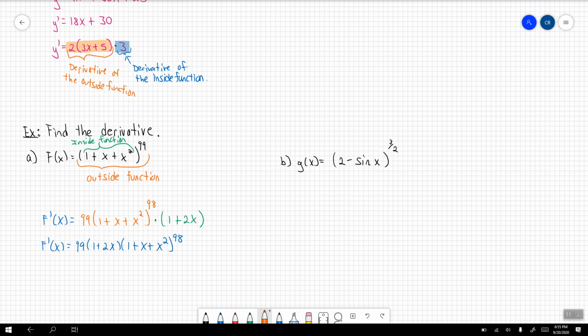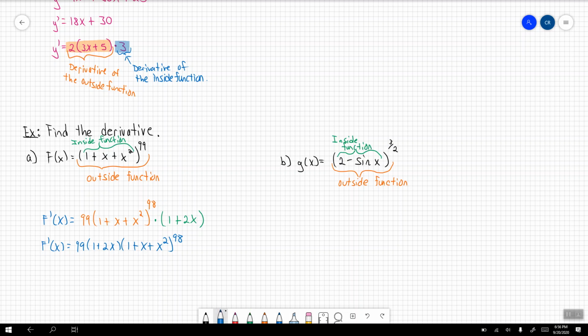There is a big outer function, which I'm going to label as my outside function. And there is an inside function, which I will label. That inside function is this 2 minus sine of x. So that's your inside function.